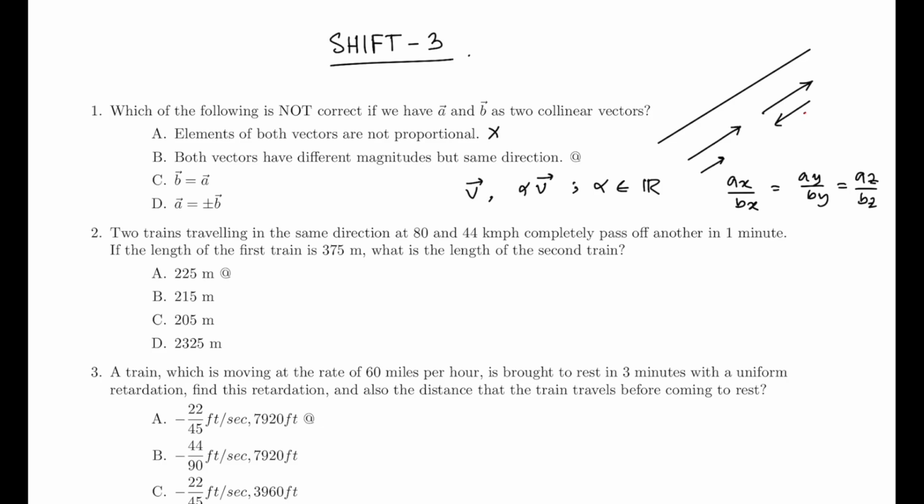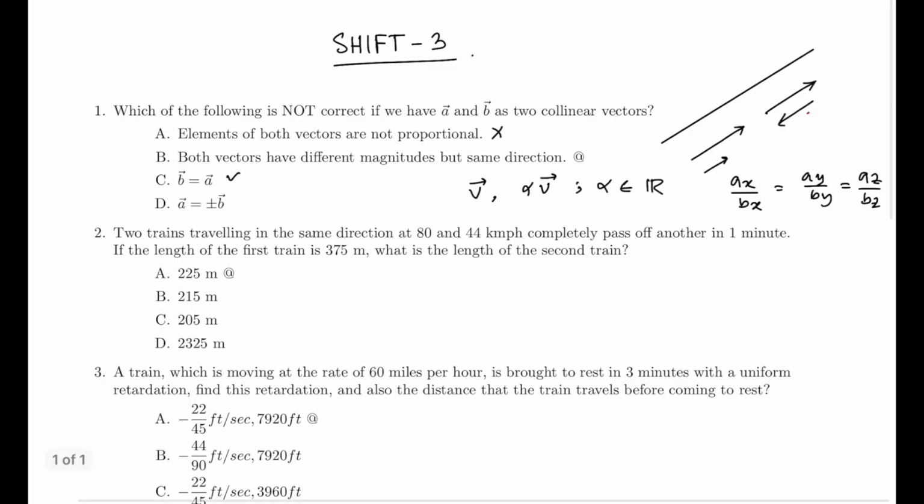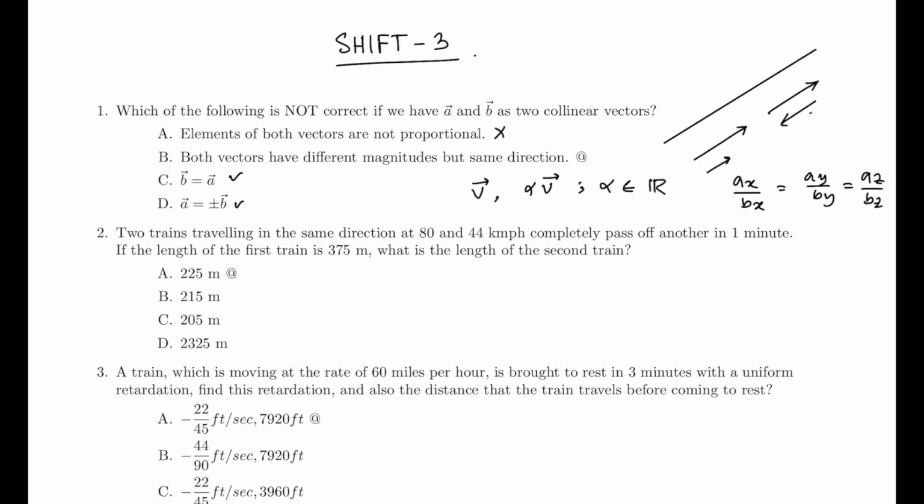If A is equal to B, then A and B are collinear, which is a correct statement, and A is equal to plus minus B, that is also a correct statement as I mentioned just now. So both the vectors have different magnitudes but same direction. These are also called collinear vectors. So I think this is a true statement.